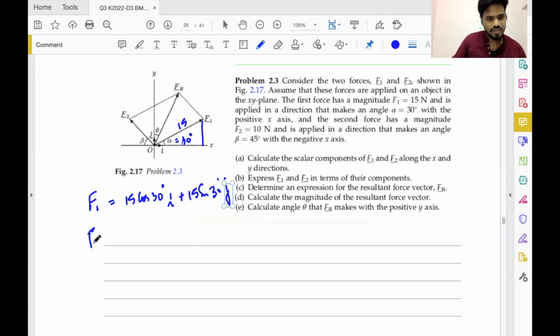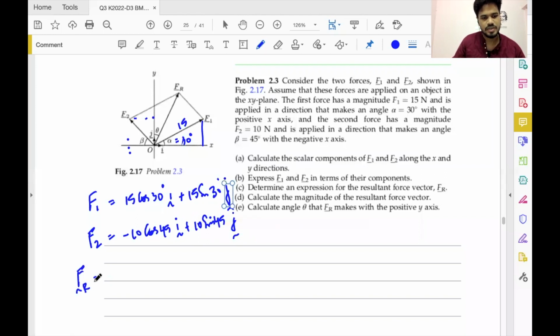And quickly, F2 will be, notice this is in the negative X. If we use beta as 45, we have minus 10 times cos of 45 in the I direction, plus 10 times sin of 45 along the Y direction, the J direction. From here, we can calculate the resultant, F1 plus F2.